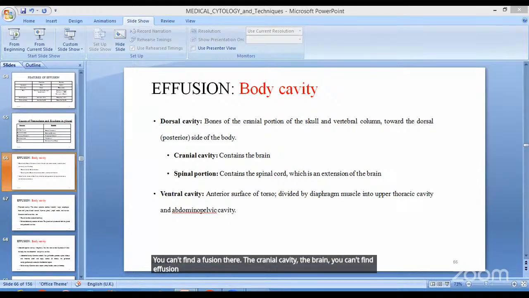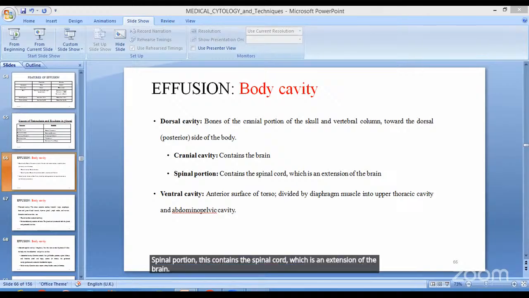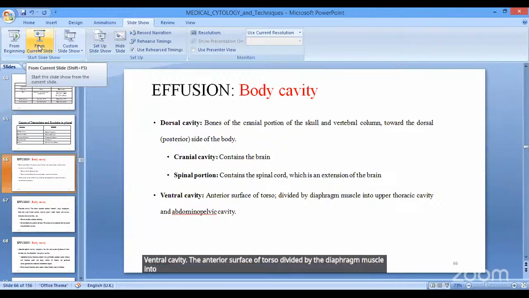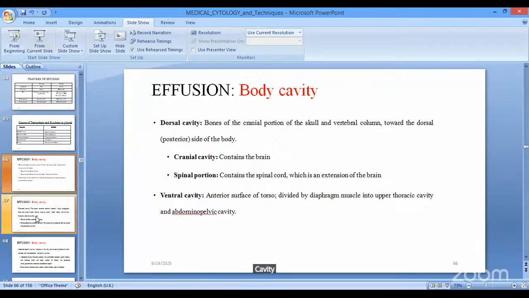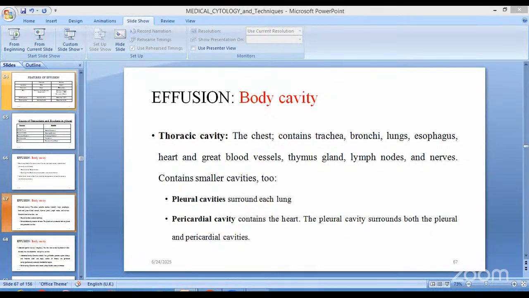Spinal portion, this contains the spinal cord, which is an extension of the brain. Ventral cavity, the anterior surface of the torso divided by the diaphragm muscle into the upper thoracic cavity and abdominopelvic cavity. You can find effusion there, and you can aspirate it.